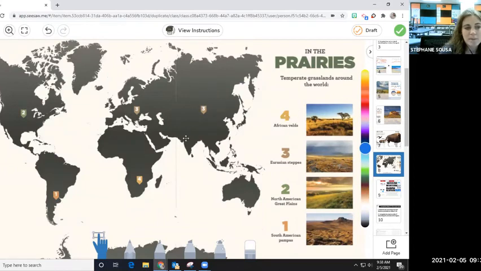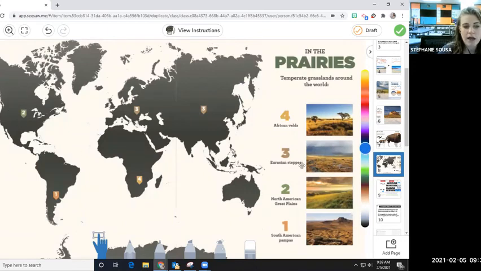Then here in Europe, we have a 3, and that is the Eurasian steppes, which is photographed by 3. So this is what a temperate climate would look like in Europe. There's also a 3 here, which is more of Europe. So Europe, oh, I apologize, and Asia, Europe and Asia, right here. 2, we see over here a 2 in the United States of America on the North American continent.